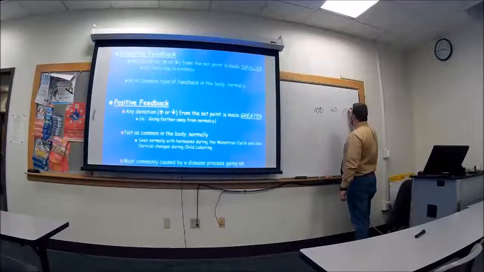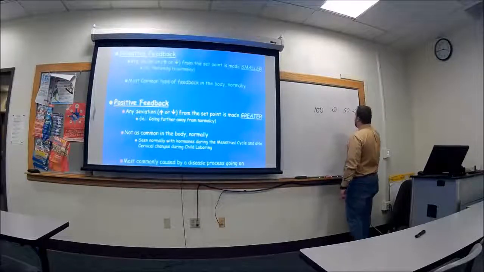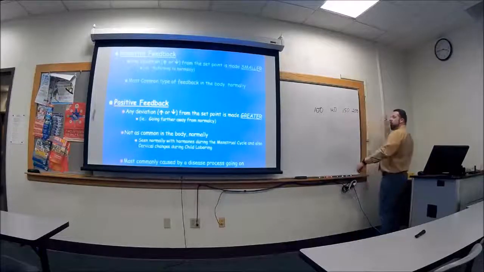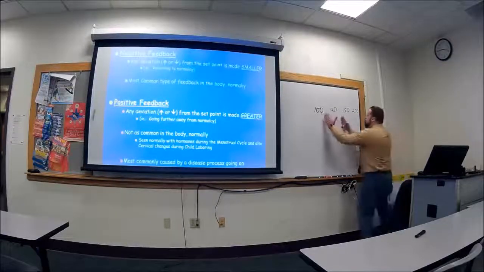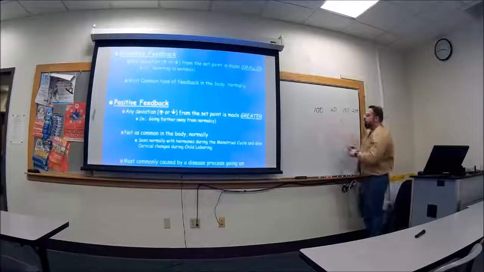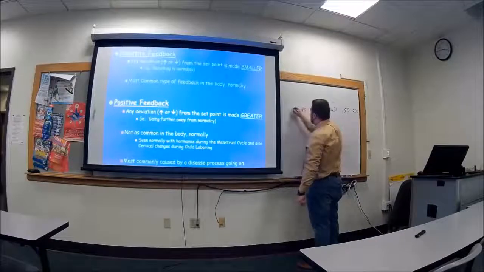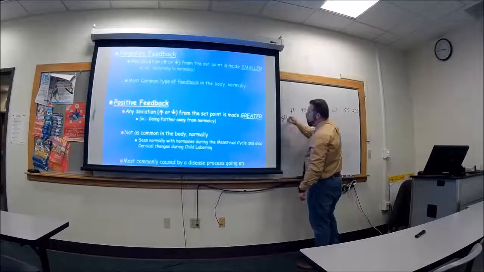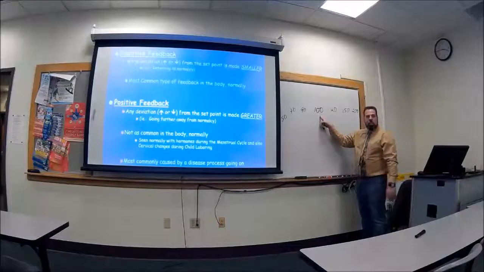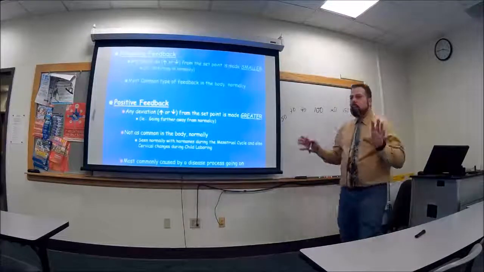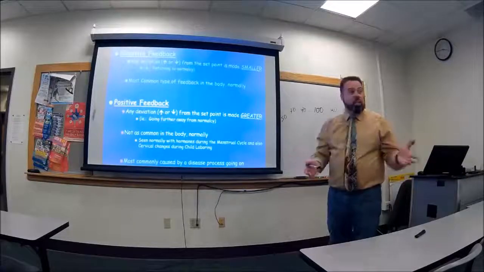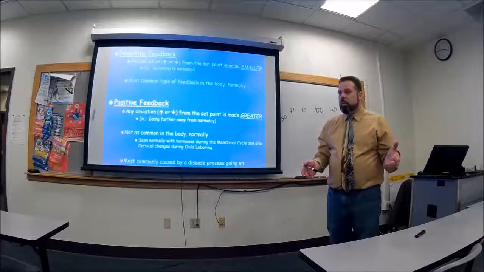Now it's 150. Now it's 200. It's going further and further. It keeps on going. Nothing's bringing it back. This number is getting bigger. Or if you go down, 90, 70, 50, it's getting further from the set point. So in most cases, positive feedback is a disease process going on. You see what's going on?